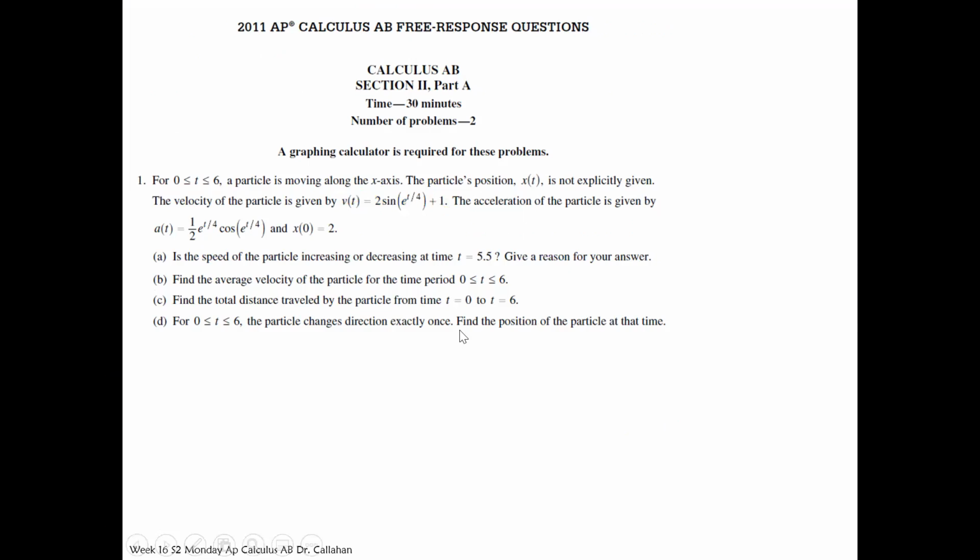Okay, for D, for t in between 0 and 6, the particle changes direction exactly once. Find the particle's position at that time.